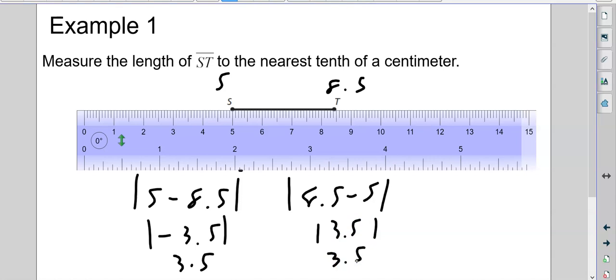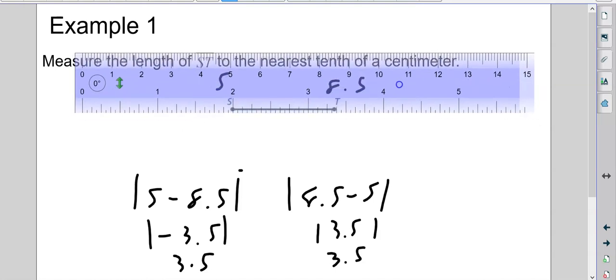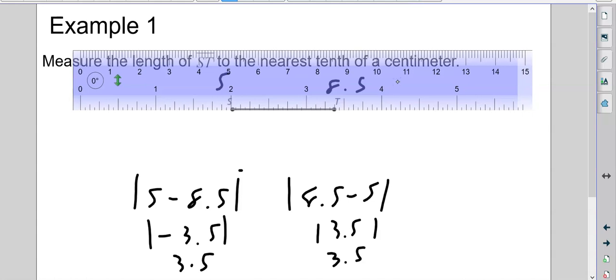Now that was in centimeters. With inches, it'd be a little bit different, okay? You'd have to count how many spots there are. So there's 1, 2, 3, 4, 5, 6. That's a 6 out of 7, 8, 9, 10, 11, 12, 13, 14, 15, 16. So that's 6/16. Okay?